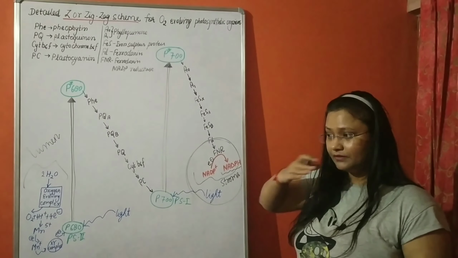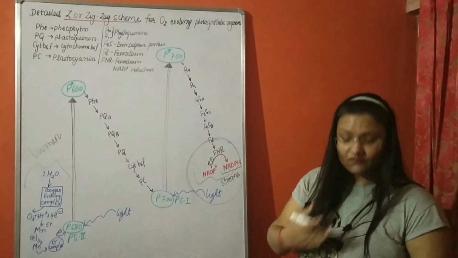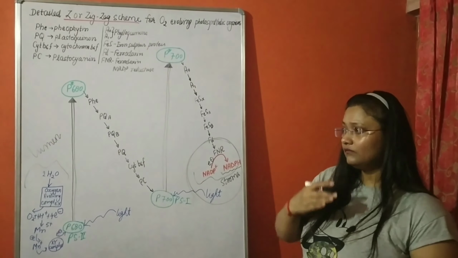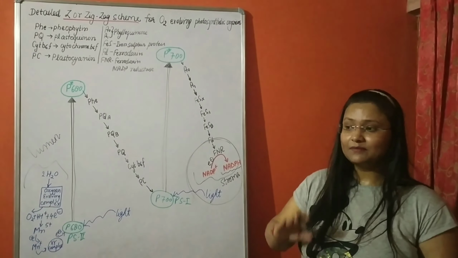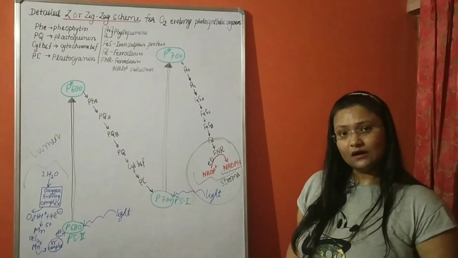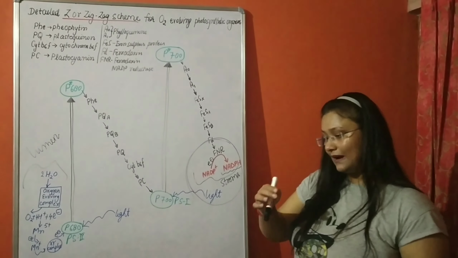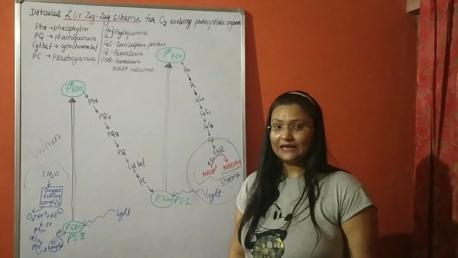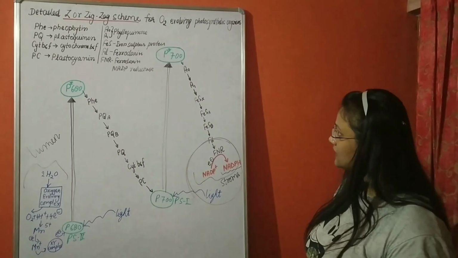Because of the gradient of H+ ions from one area to another, there is a proton gradient, and the energy produced by that is used to make ATP. So now let us understand that. I hope this is clear.